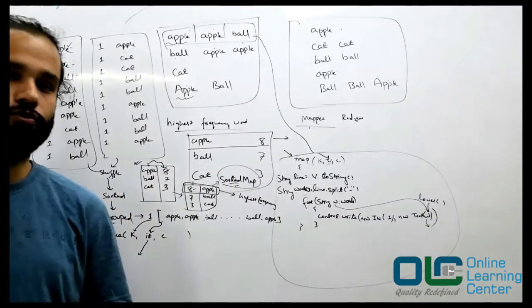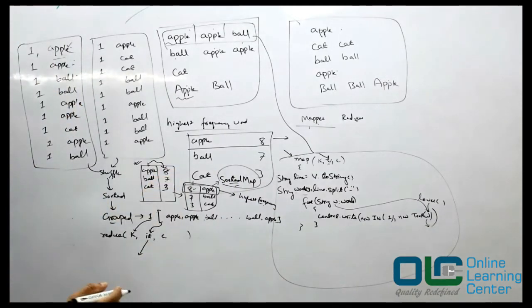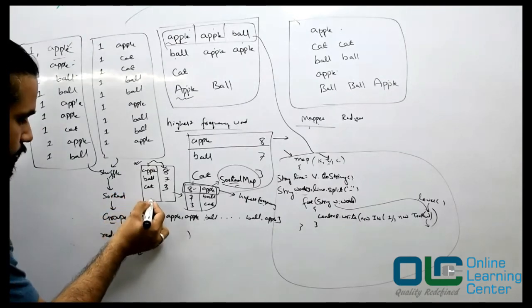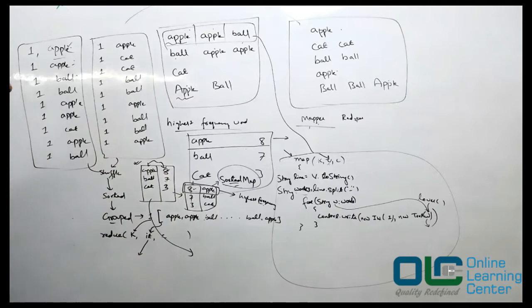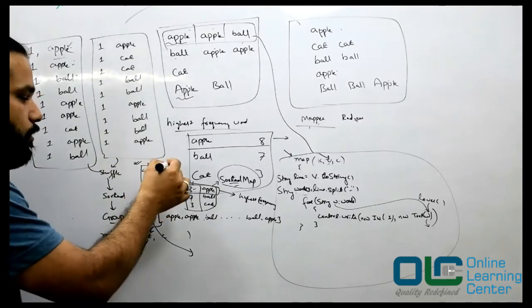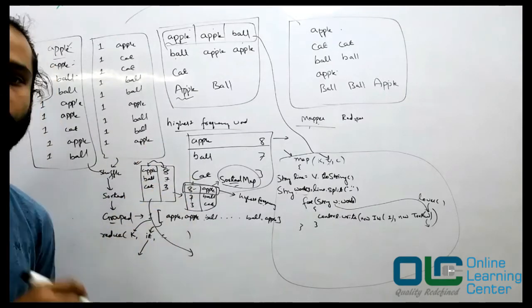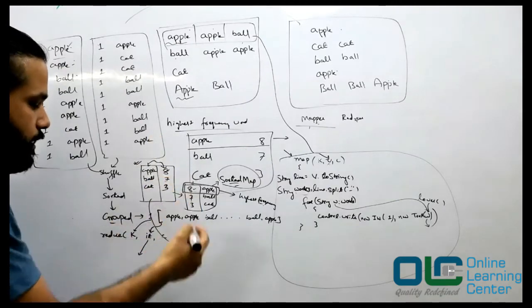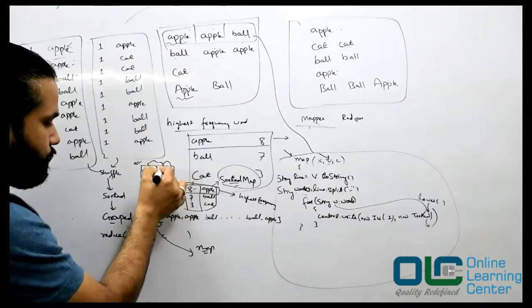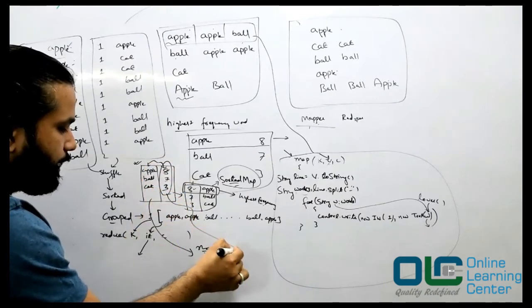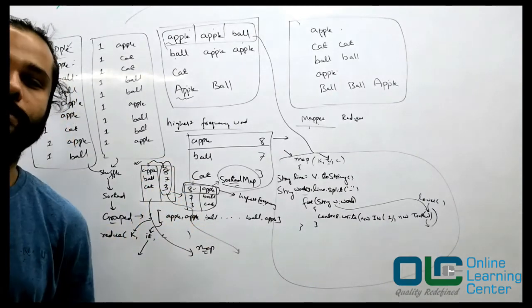This is one approach to get the output. Another approach could be, since you have constructed this map properly, now you'll have to figure out what is the highest element in this value part. So in your map, you should get access to these values and figure out which value has the highest occurrence.